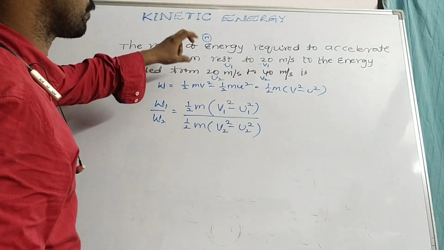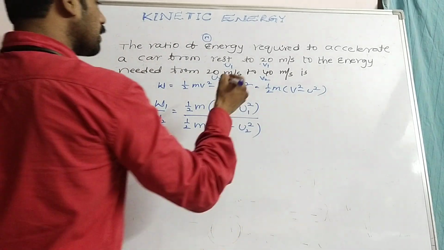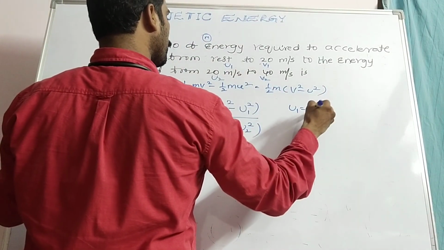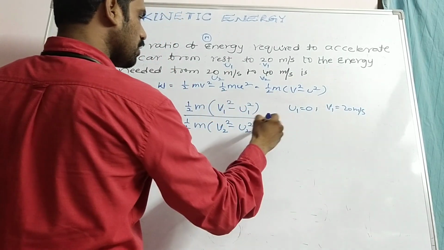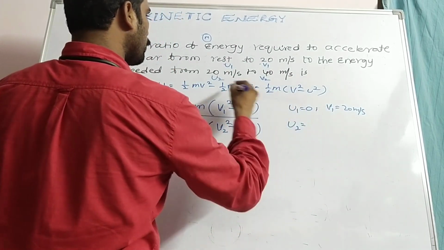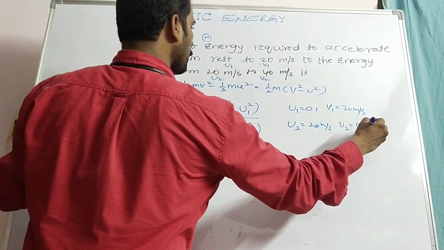Initial velocities of bodies in the two cases: u1 is rest, u2 is 20. So as the body is at rest, u1 is equal to 0, and v1 is equal to 20 meters per second, and u2, the initial velocity in the second case, is equal to 20 meters per second, and v2 is equal to 40 meters per second.